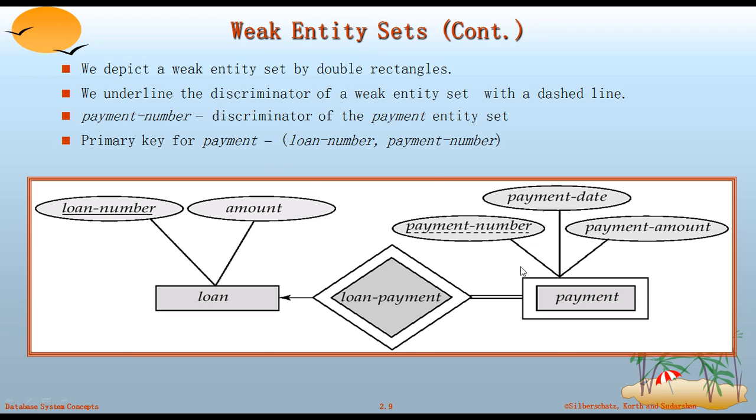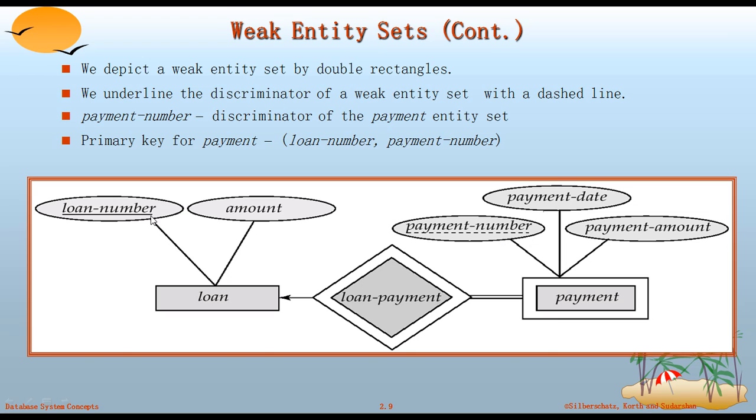So here the payment number will jointly act as a primary key along with loan number. So loan number and payment number will both be considered as the primary key. Since the payment number alone cannot be considered as a primary key, it is totally dependent upon another entity, the strong entity, that is loan.